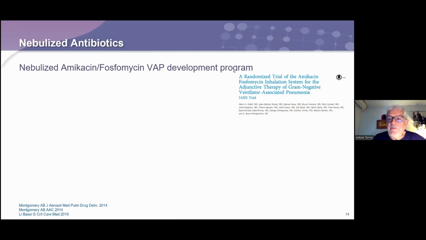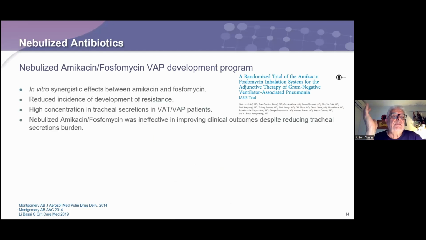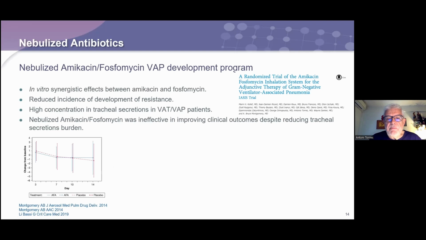mechanically ventilated patients. You are very aware that the trials that have been published using nebulized amikacin, and then the Bayer trial, were mainly negative. But despite, for example in this trial, there being synergistic effects between amikacin and fosfomycin and a reduced incidence of development of resistance, we cannot find a difference in the final histological results on the lung bacterial burden.